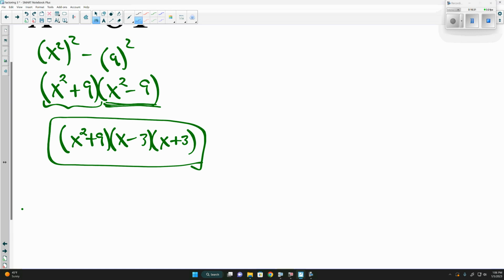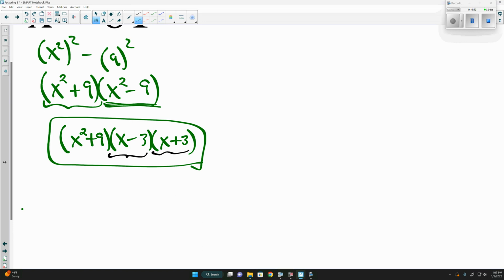Now, I'm going to go on and show this. You don't have to write this down, it's kind of a reasoning why this works the way it does. Because if we were solving this, these factors really give us the solutions. Is x minus 3, what value of x would make it be 0? Positive 3. X plus 3 would be negative 3. So positive and negative 3.